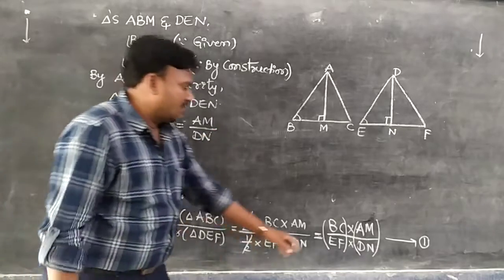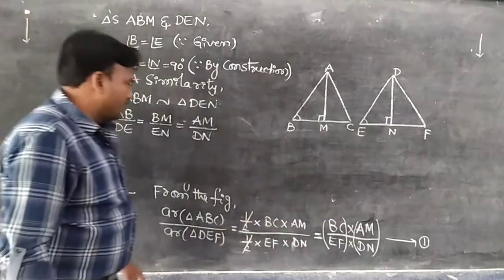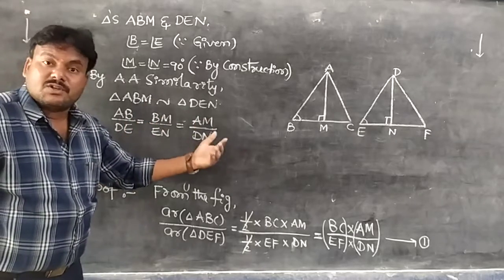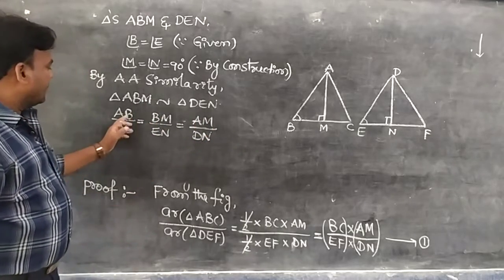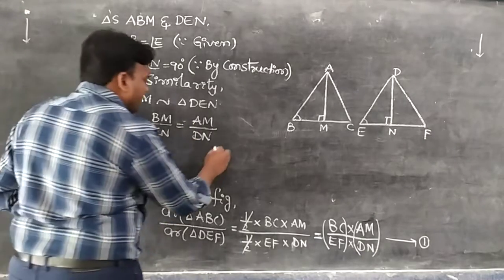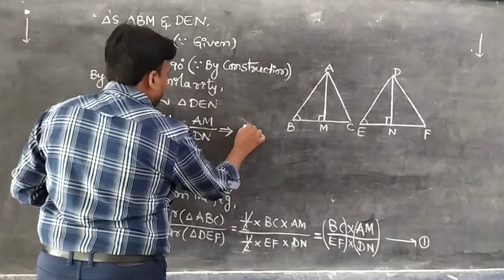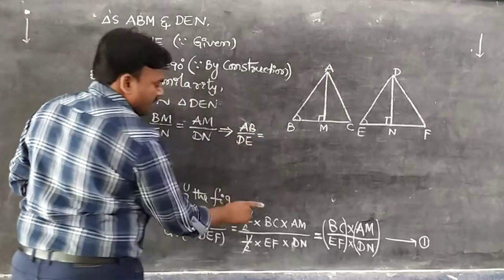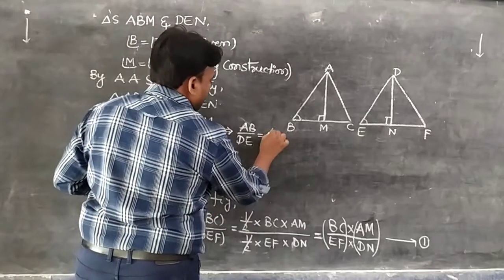From equation 1, we find the AM by DN ratio. If three ratios are equal, any two ratios are also equal. We know very well. Then AB by DE equals AM by DN.